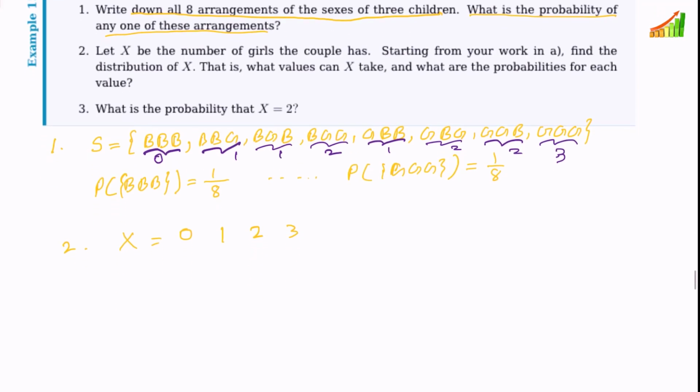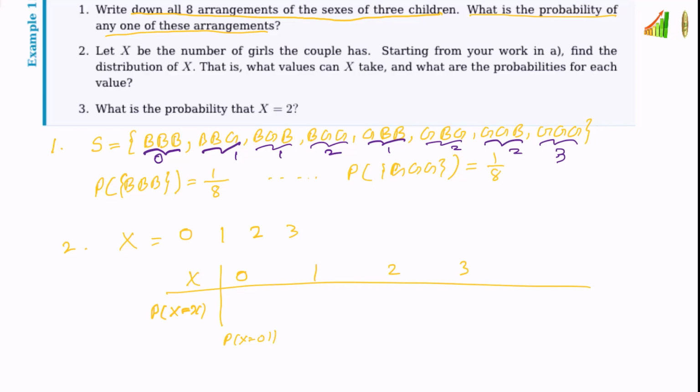Starting from your work in A, find the distribution of x. How do we find the distribution of x? We need the x values 0, 1, 2, 3 and the corresponding probabilities of those values. So probability x equals 0. x equals 0 means no girls.